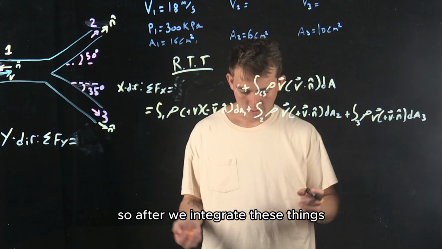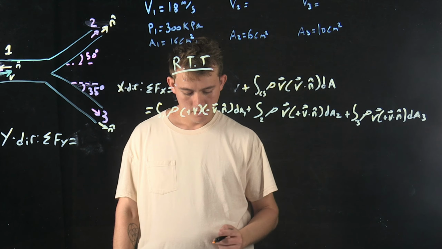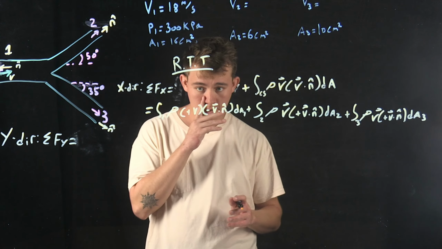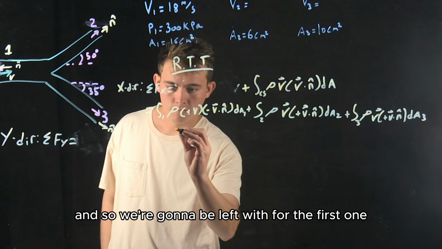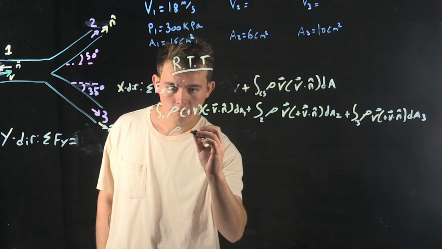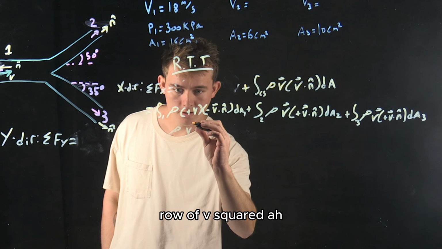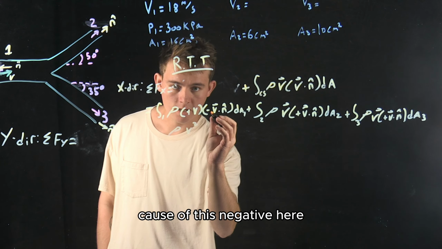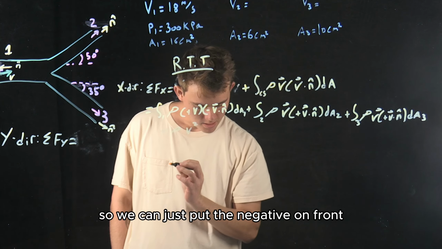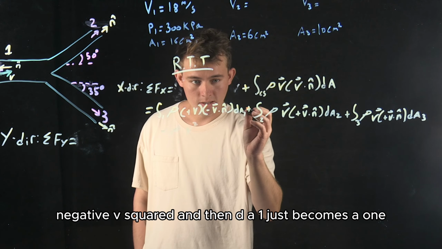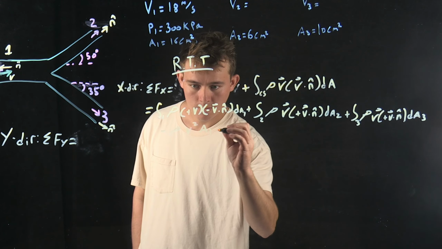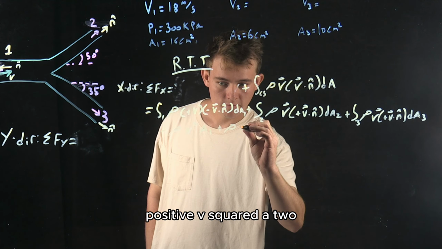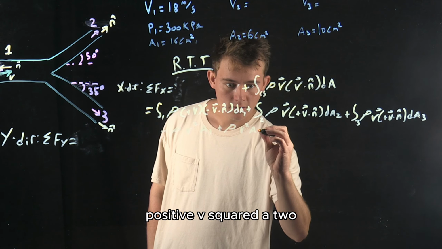Okay, so after we integrate these things, the only thing that has a relationship to the area is velocity. And so we're going to be left with, for the first one, rho v squared, negative because of this negative here, so we can just put the negative out front. Negative v squared, and then dA1 just becomes A1. And then our second value will be rho, positive v squared, A2.